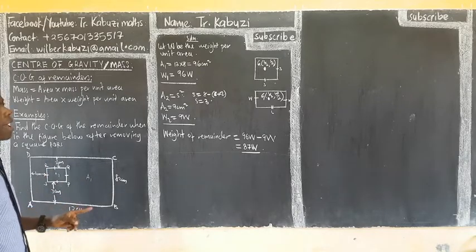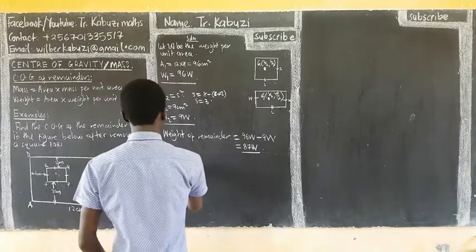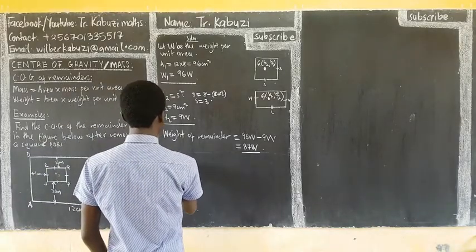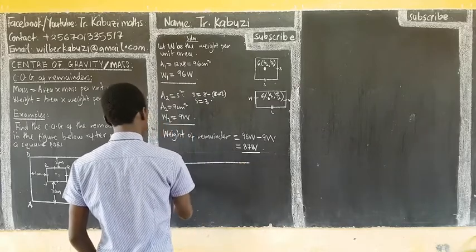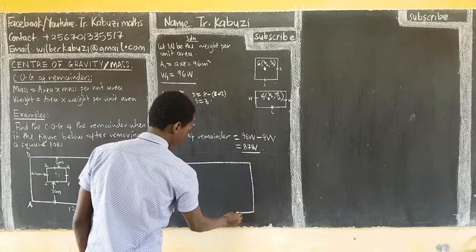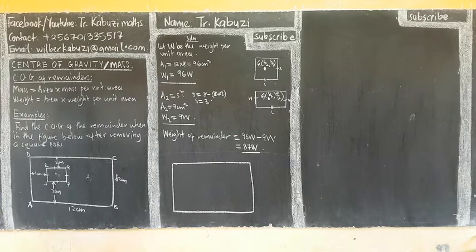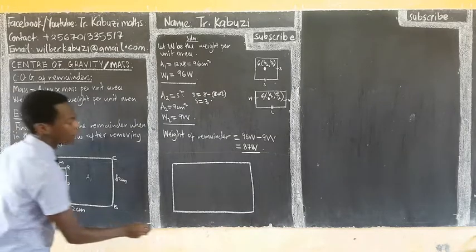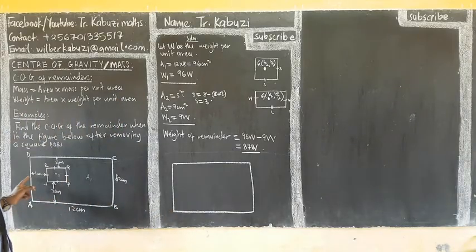Now, if we have the weight of the remainder, I need to know where it is acting. So now it's time to redraw. After I redraw the whole shape, you can see that the center of gravity for the whole is going to act, of course, in the middle.